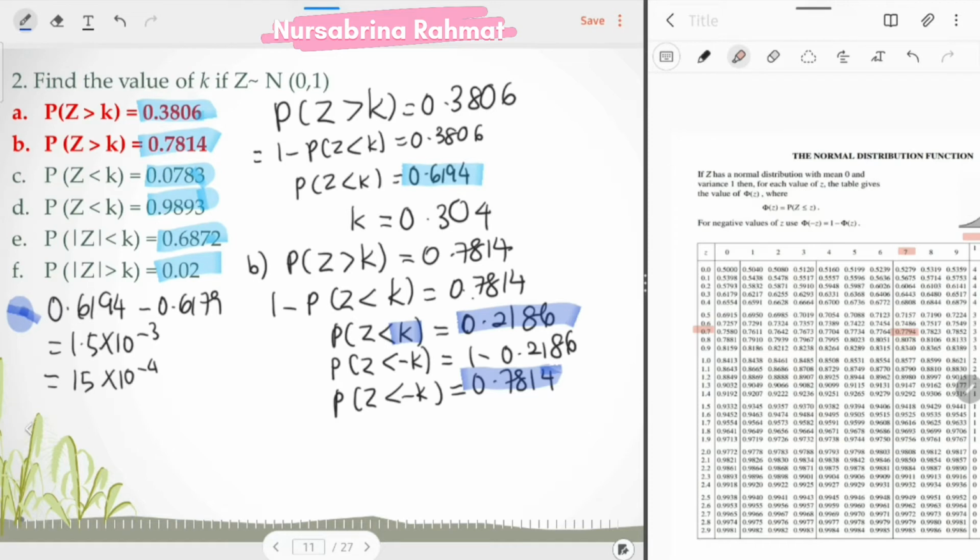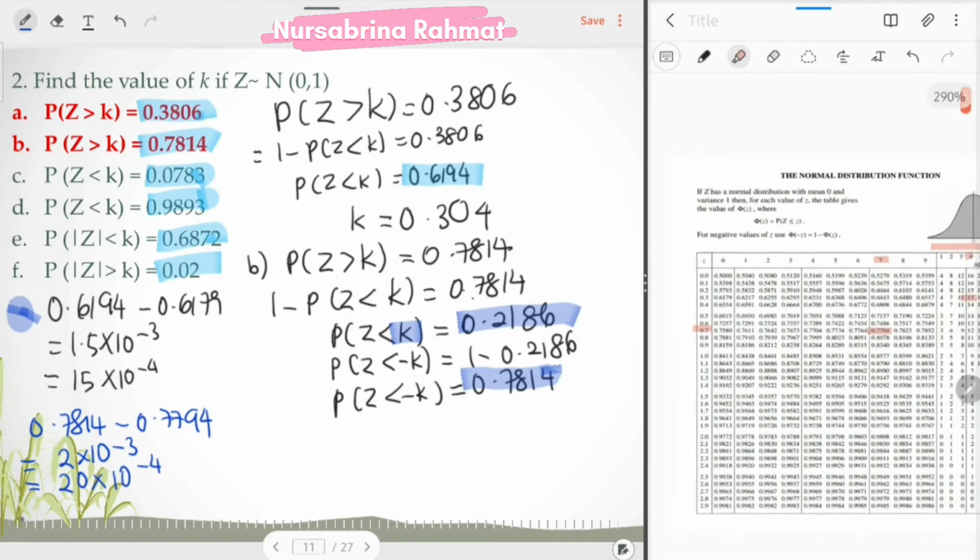So how do we calculate the difference? 0.7814 minus 0.7794 equals 2 times 10 to the power of negative 3, and we convert it to times 10 to the power of negative 4, which is 20 times 10 to the power of negative 4. Why do I convert it?